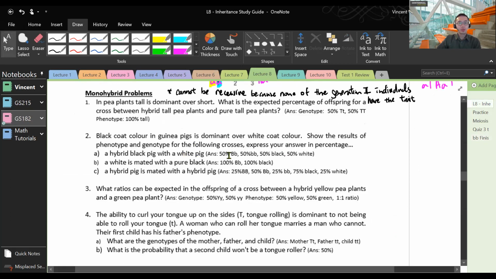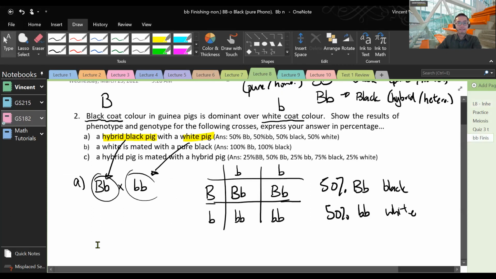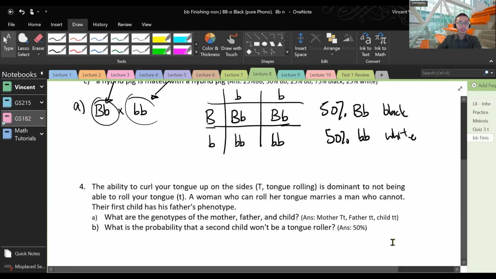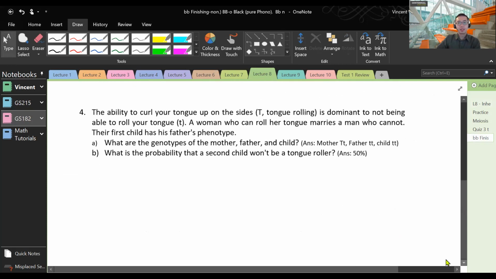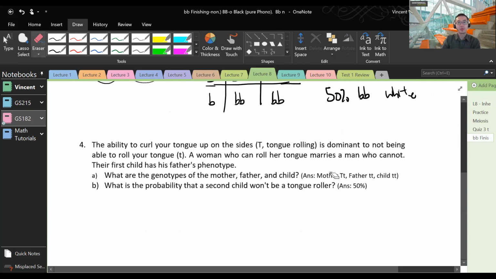Let's do number 4. The ability to curl your tongue on the side is dominant to not being able to curl your tongue.